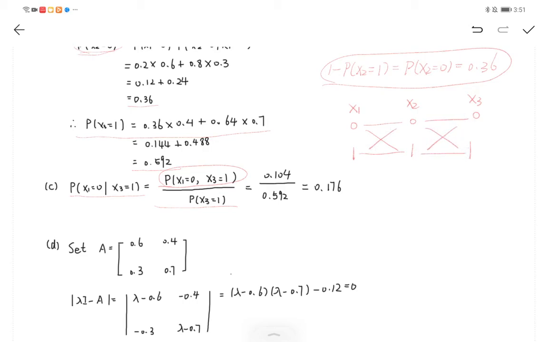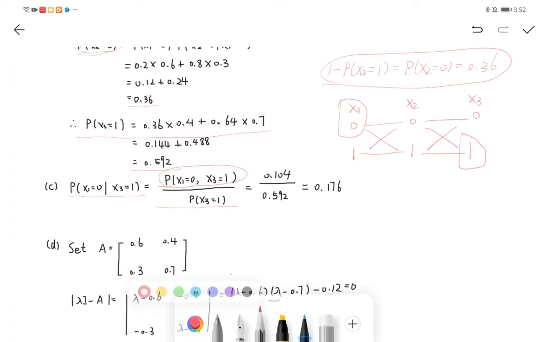We can know that if x1 is 0 and x3 is 1, there are only two paths. The first one is like this, and the second one is like this. So we can count the probability now.